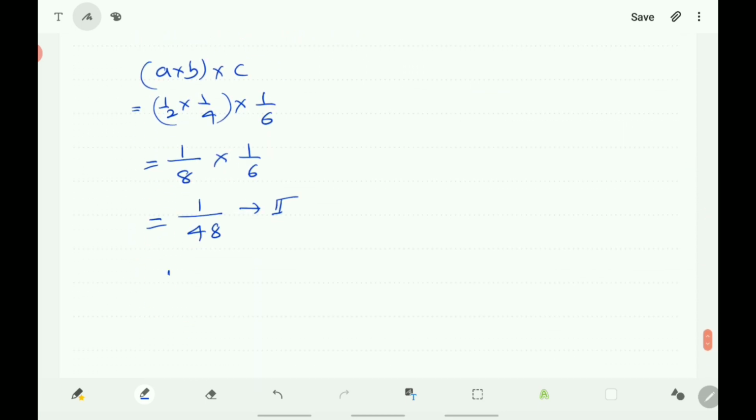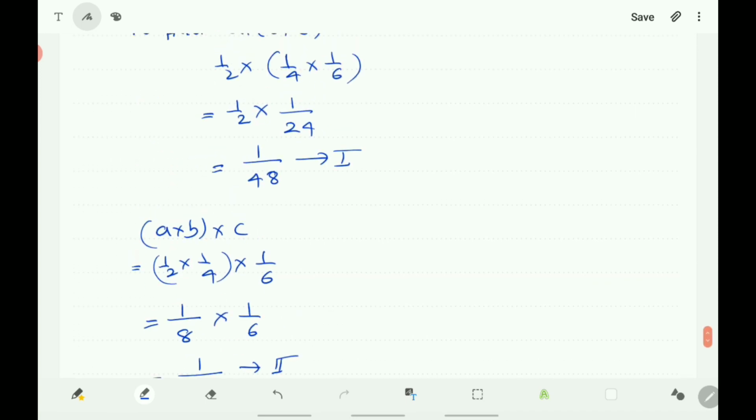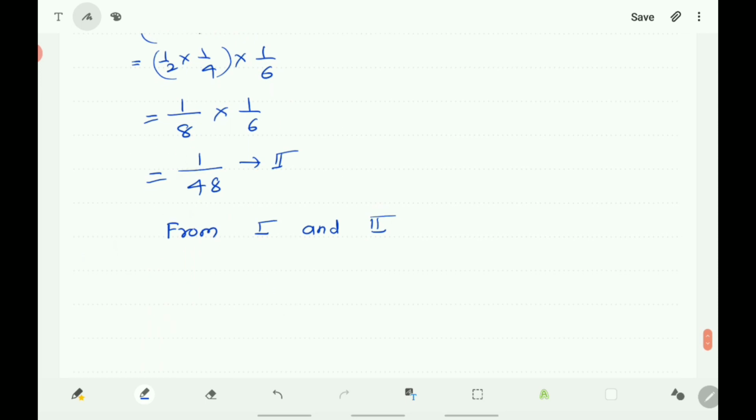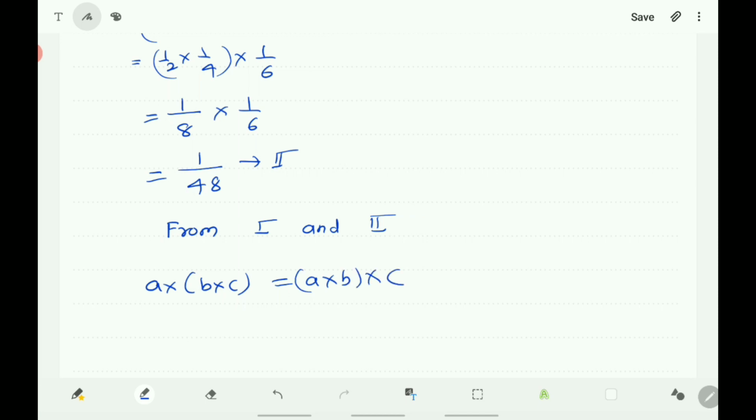Therefore from first and second, what you can get here, A into B into C is equals to A into B into C. Therefore, for all rational numbers A, B, C, you can conclude that A into B into C is equals to A into B into C. That is, multiplication is associative for rational numbers.